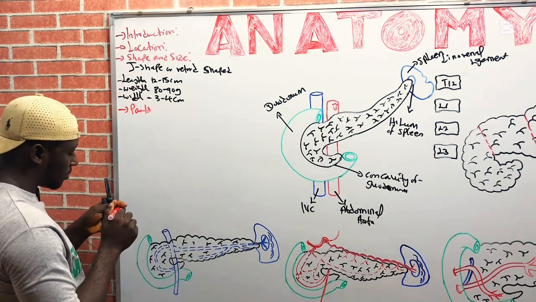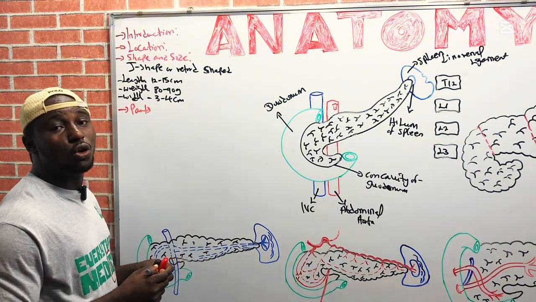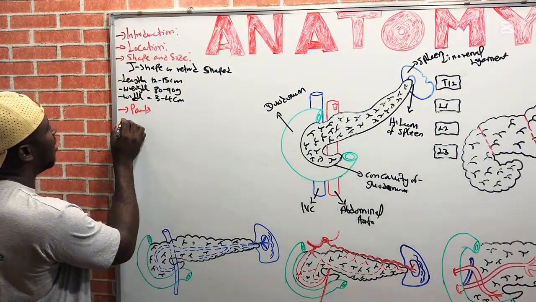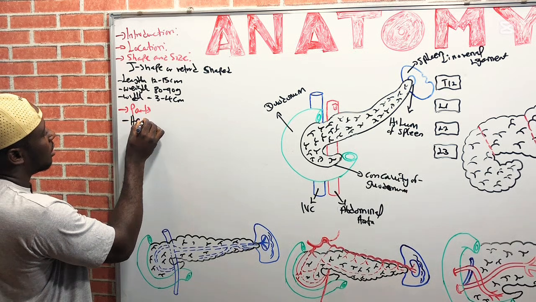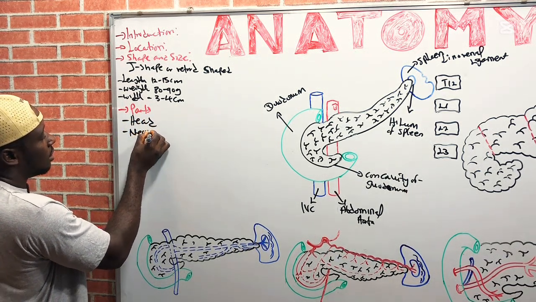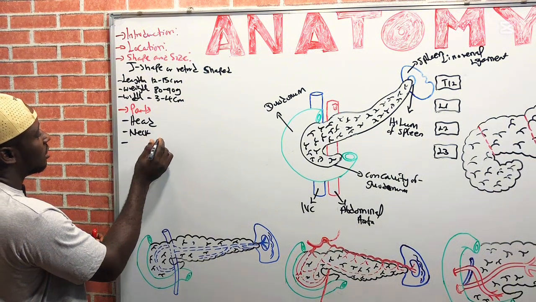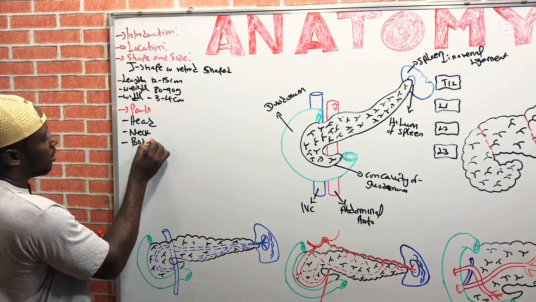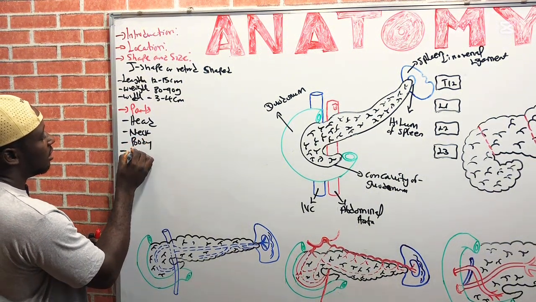The pancreas is divided into 4 parts. We have the head, the neck, the body, and the tail.